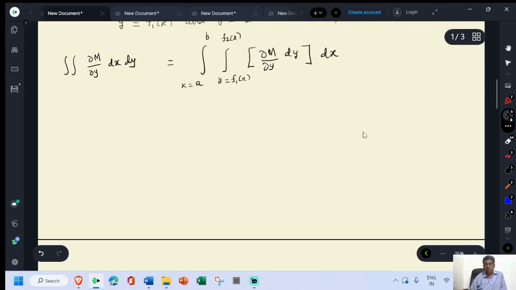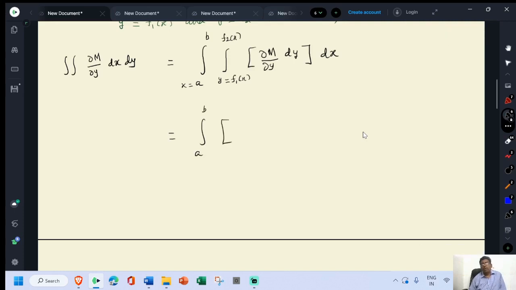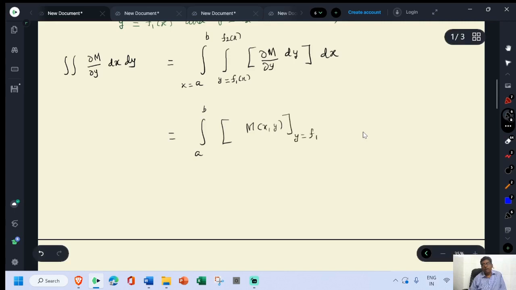Then this is equal to the integral with limit varying from a to b. If you integrate the function ∂M/∂y with respect to y, we get M of x comma y. Then the lower limit of y is f1, upper limit of y is f2.